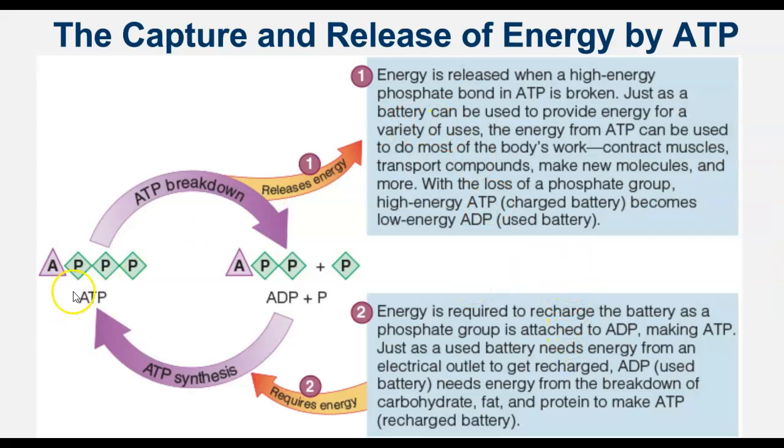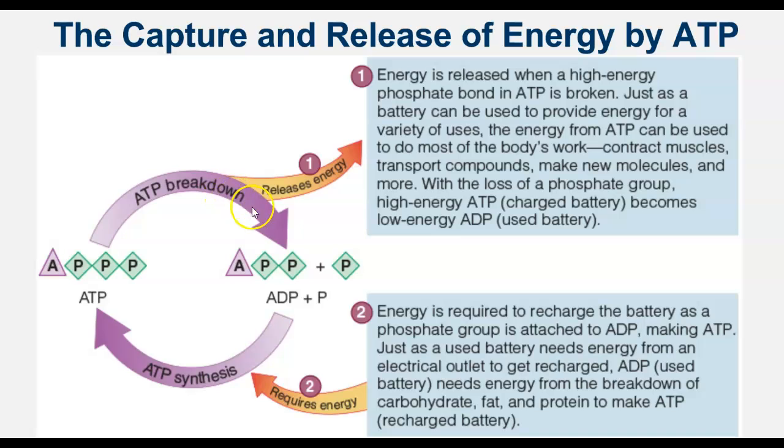So when we think about how our body uses this energy, this ATP, it's almost like it's recyclable. And I think of it as like your cell phone. When you're using your cell phone, you're using that energy, and that battery in your cell phone gets worn down. And then when you plug it in, you recharge it. So here we have the ATP. We're using energy.